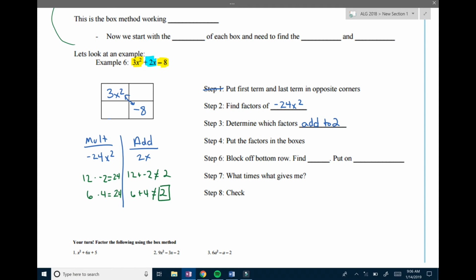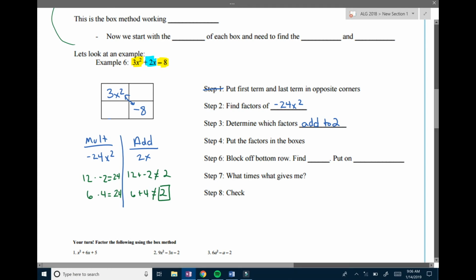What do I mean by that? Well, the last number is 2. I'm trying to get 2. And my bigger number has to be positive, which means 6 minus 4. Does that give us 2? Yeah. What about 6 times negative 4? Does that give you negative 24? Yes, it does. Perfect. So I found the factors of negative 24, and I also found the factors that add to 2.